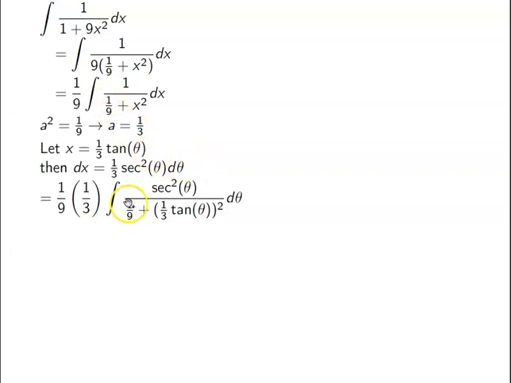On the bottom, I still have the 1/9. My x, I'm replacing with a tan theta. The a is 1/3, so this turns into 1/3 tan theta squared. I go ahead and square both of those, so I have 1/9 tan squared, and just like we needed, the number in front and the number here are the same.